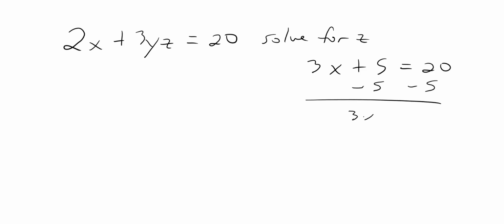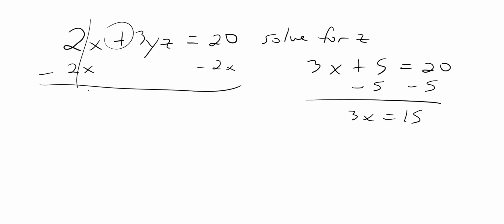So 3x equals 15. So I want to solve for z, so I'm going to subtract 2x from both sides, because it's 2x plus 3yz. So I'm going to subtract that, and this cancels out, and I wind up getting 3yz is equal to negative 2x plus 20. And I don't care if you say 20 minus 2x, doesn't matter to me.